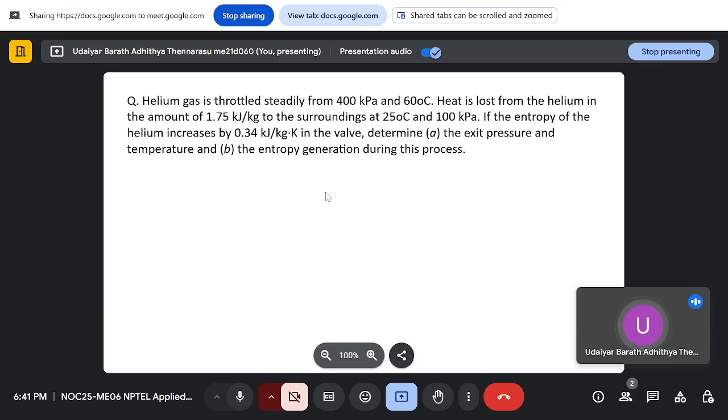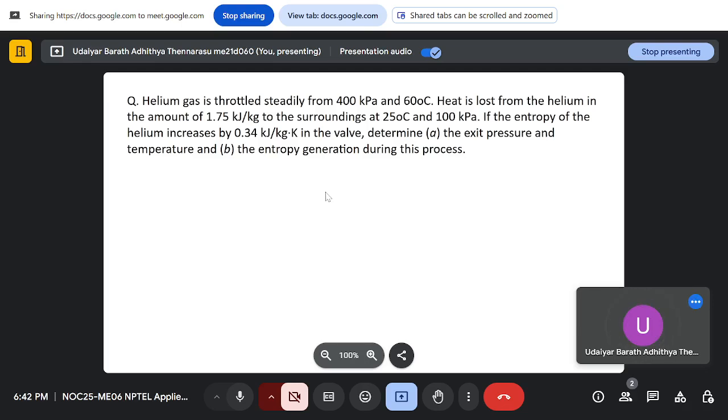So what is given is helium gas which is throttled steadily, so it's a steady process. The inlet is at 400 kilopascal, which is 4 bar, and 60 degrees Celsius. Heat is lost from the helium in the amount of 1.75 kilojoule per kg to the surroundings, which are at 25 degrees Celsius and 1 bar.